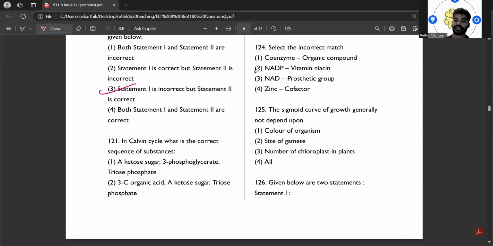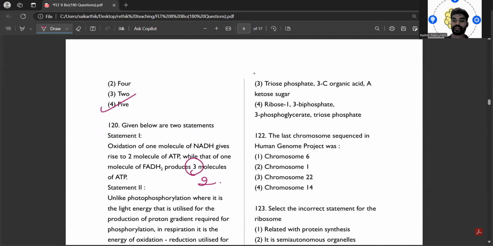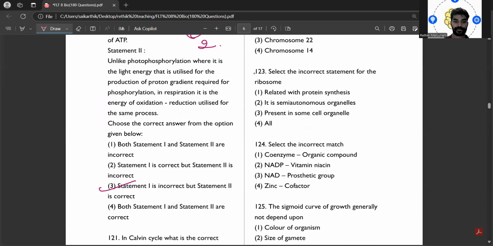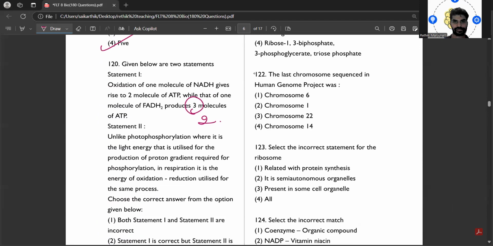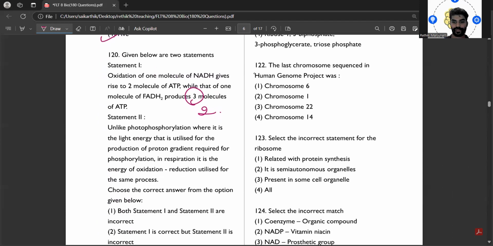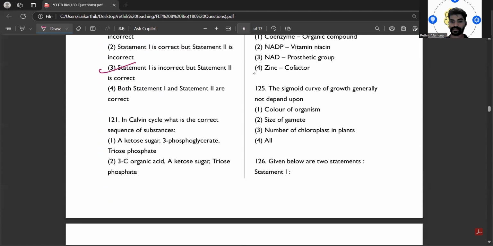Now, going to 121, in the Calvin cycle, what is the correct sequence of the substances? We have options. 121: Ribulose 1,5 bisphosphate, a keto sugar; 3 phosphoglycerate, an organic molecule; triose phosphate.